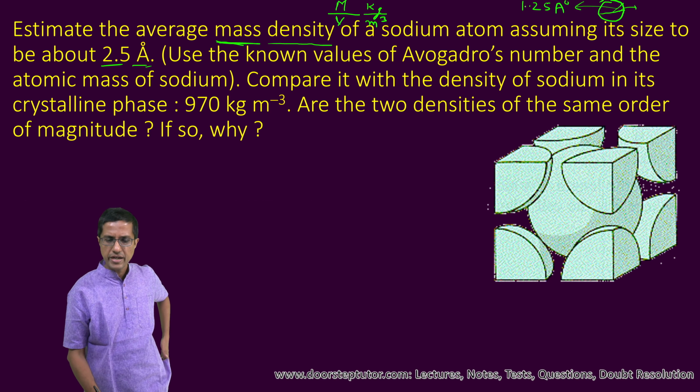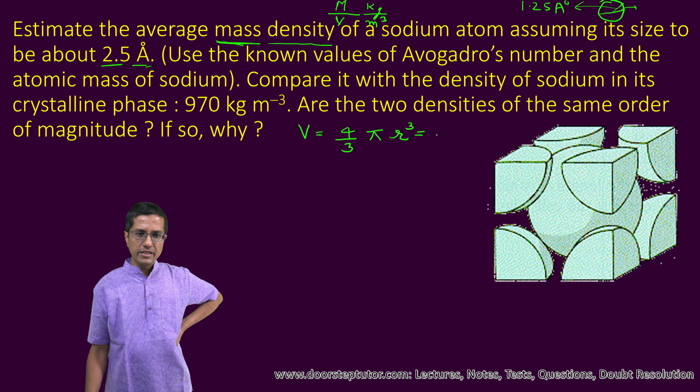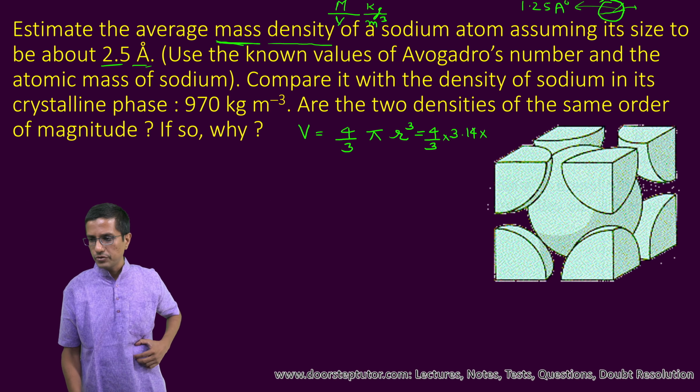So let's first find out the volume of the sphere. Very, very simple. We already know the volume of a sphere is 4 by 3 pi r cube. In our case, we take 3.14 as the value of pi, and then we multiply it with r cube. So what is r cube?